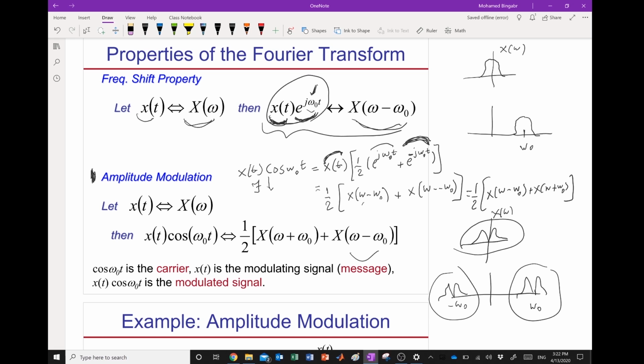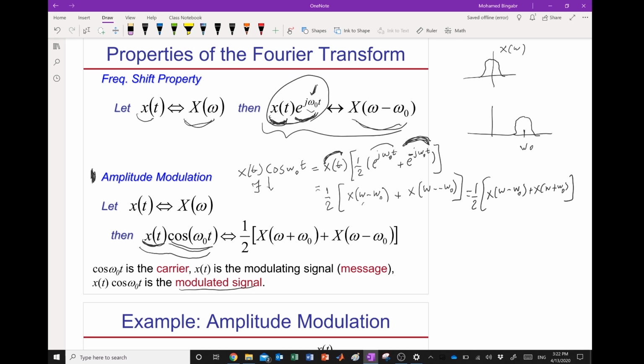So when you have a signal x of t and you multiply by a cosine omega 0 t, that's amplitude modulation. X of t is the message signal. Cosine omega 0 t is the carrier. The whole thing here, we call the modulated signal. If that is a portion of your signal, this is time. After you multiply it, ignore the green things.